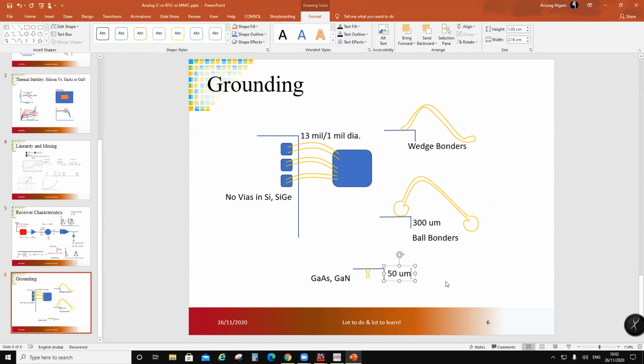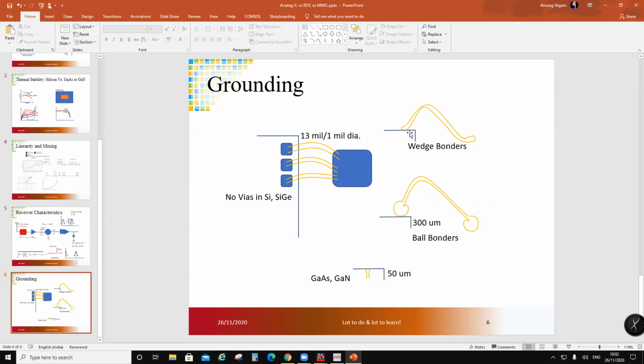Usually for silicon germanium the wafers are around 12 inch and around 300 micron in thickness, and if you ask a foundry, they can grind it down. But in silicon germanium, all the contacts are coming through bond wires. There are two kinds of bond wires, wedge bond and ball bond.